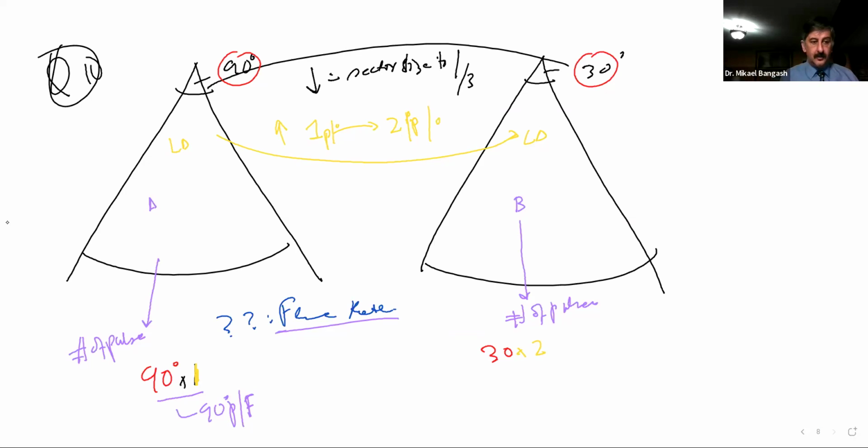So in this case, what do we have? We end up having a total of 60 pulses per frame. So we started with a greater number of pulses per frame and ended with a lower number of pulses per frame.